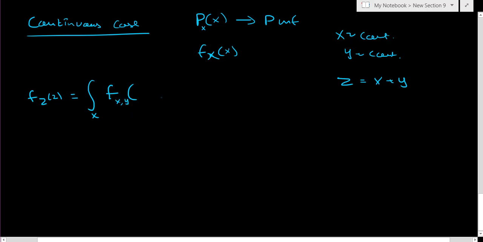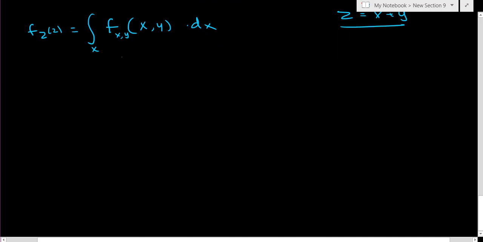Since x and y are independent, they just multiply. So the combined probability density function is just a product of the marginal density functions, so it becomes f capital X of small x into f capital Y of small y.